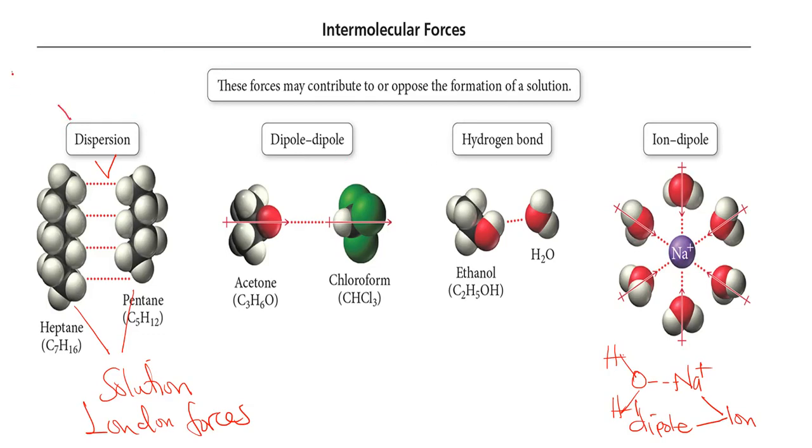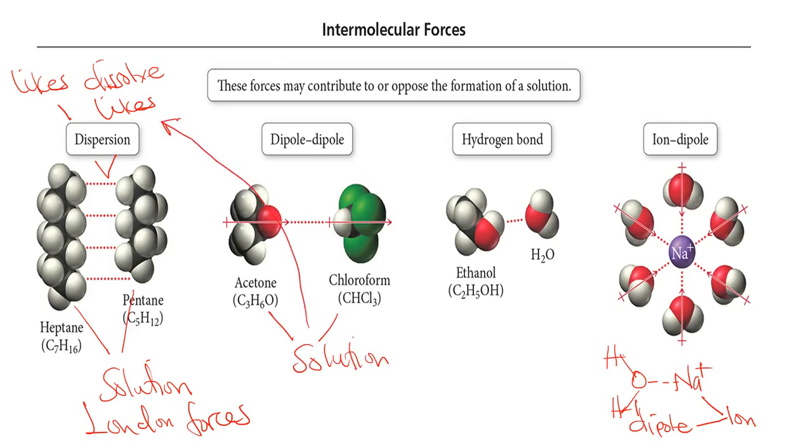That is, likes dissolve likes. Another example is acetone and chloroform. Both of them are dipole. If you put them together, they make a solution for the same reason. Likes dissolve likes. Ethanol and water. Both of them have hydrogen bonds. You put them together, they'll form a solution.